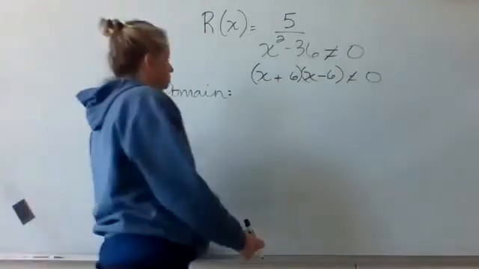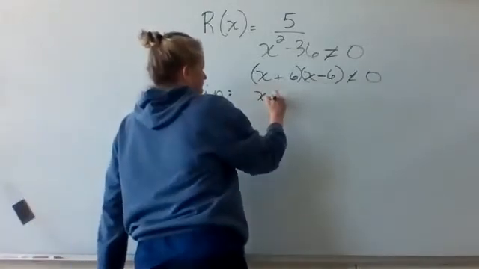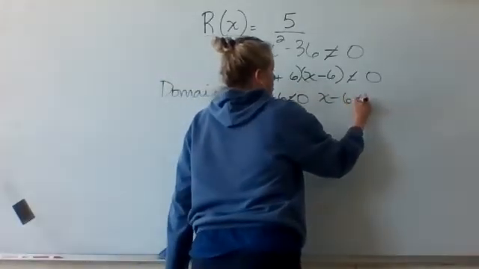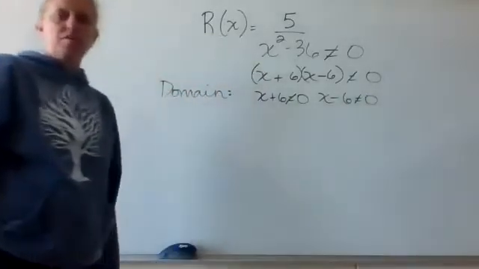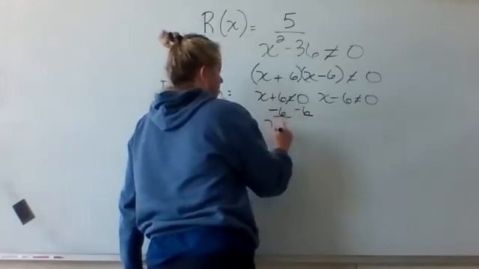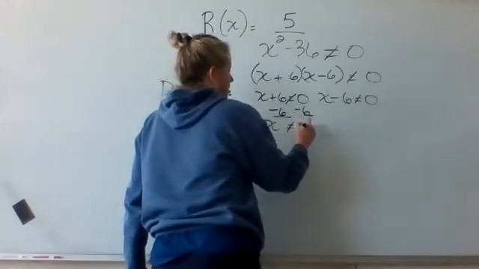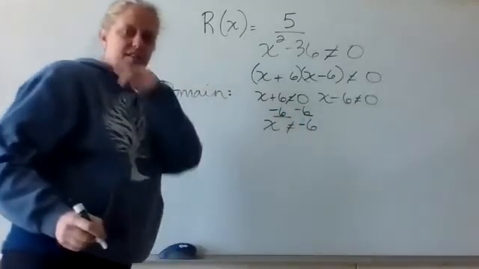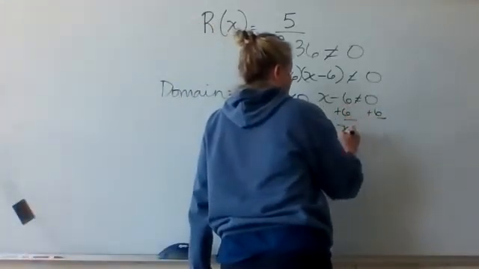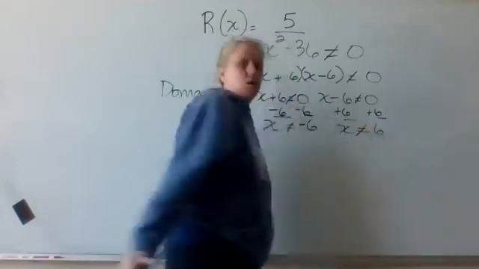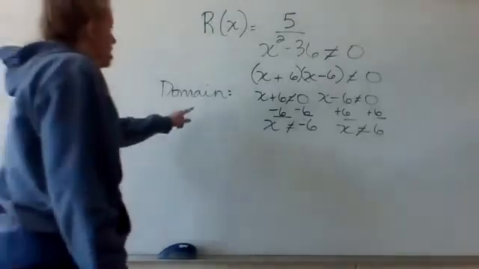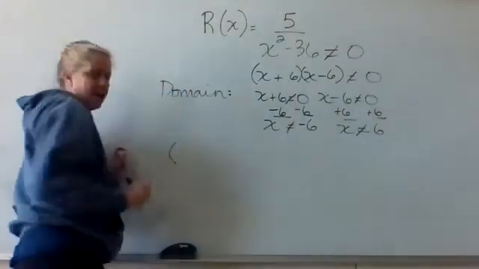So there are your factors. When you set them not equal to 0 and solve them for x, here, subtract the 6 from both sides. So x cannot equal negative 6. And here, if I add the 6 to both sides, x can also not equal positive 6. So 6 and negative 6 need to be left out of the domain.